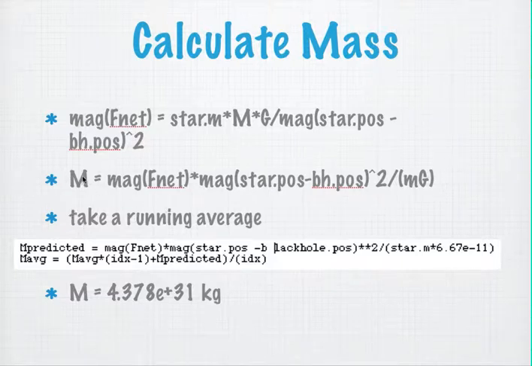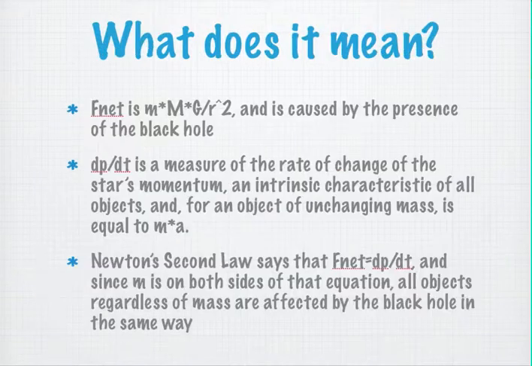And we don't just want to do this at one point, but we want to continuously take a running average so that we can get a better approximation for M. So here is my implementation of a running average. That's just math and computer programming. And using this, our average value for M, the mass of the black hole, is 4.378 e31 kilograms.